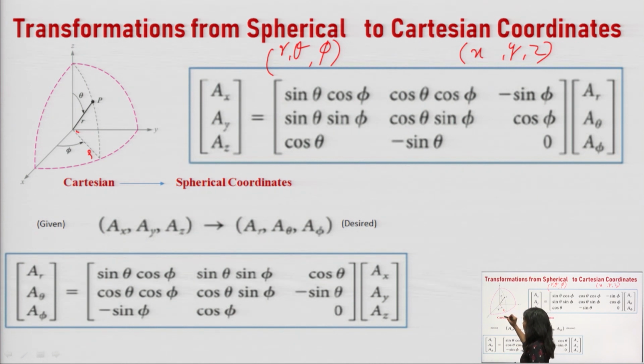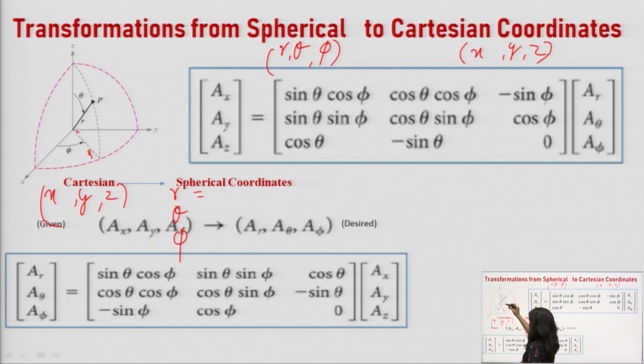So with the help of all these parameters we can derive the formula to transform a point given in spherical to Cartesian. As for example, suppose if x, y, z is given, then we can easily find the value of r, theta and phi.